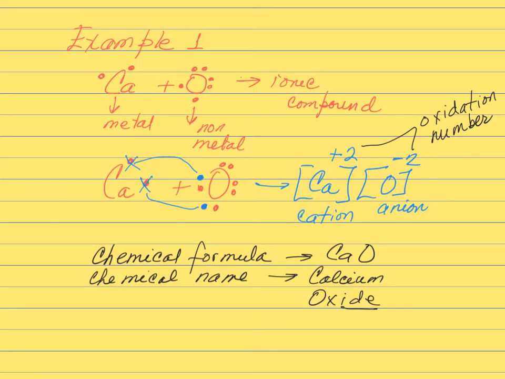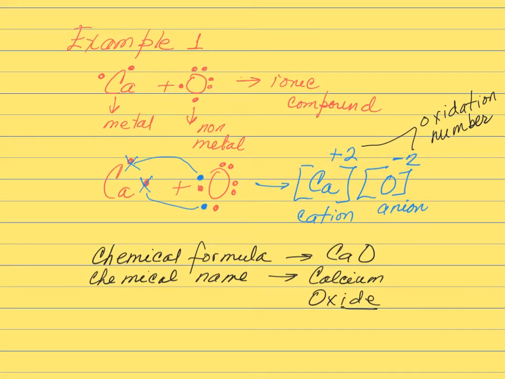In the process, oxygen is going to become a negative ion. And what is the oxidation number? It's gaining 1 and it's gaining 2, so it's going to be negative 2, the oxidation number for oxygen. That's why oxygen is the anion, which is a negative ion.